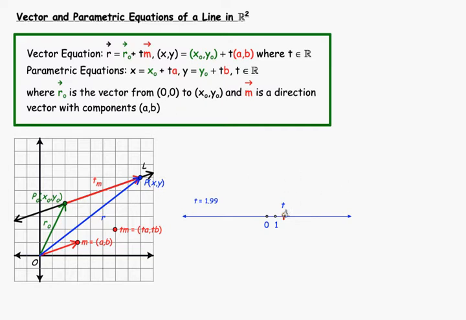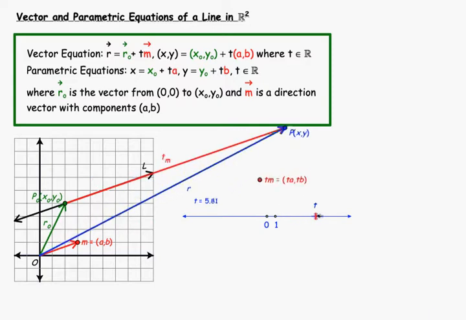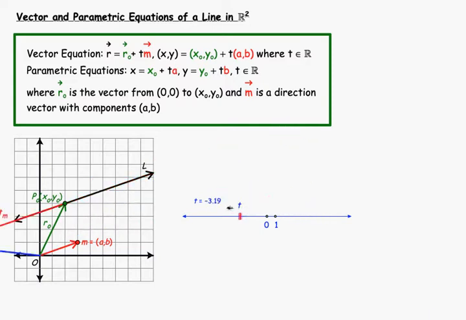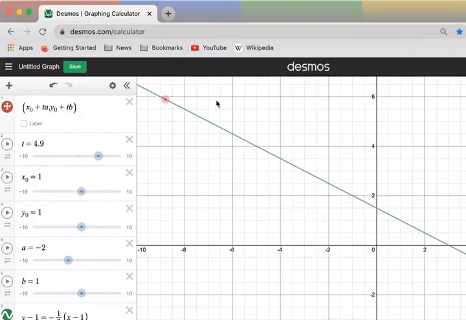And then I showed you in Desmos how we change t, and it's tracing out points on the line. This is illustrating how vectors come into play. These are considered parametric equations. The line is being defined in terms of the parameter t, and I have to allow t to be all real numbers if I want to trace out that whole entire line.